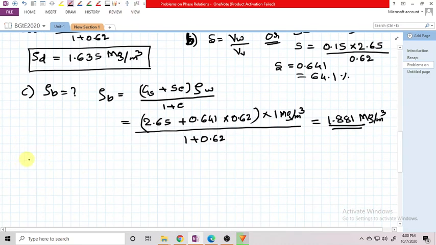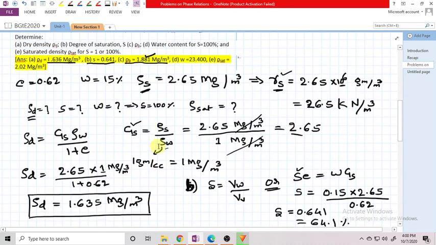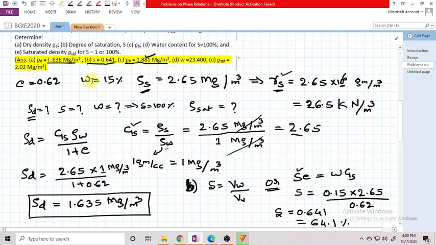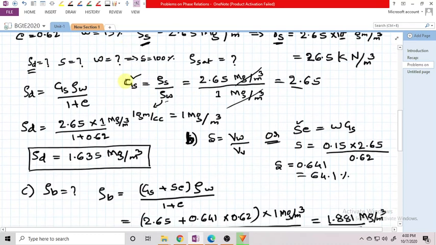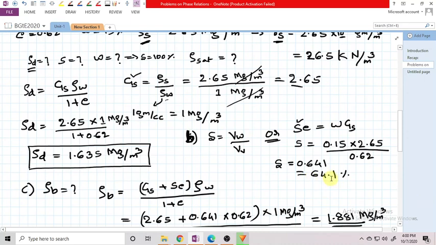So what is the water content at degree of saturation 100%? Don't confuse it with the water content already given. That water content is for the 64.1% saturation.